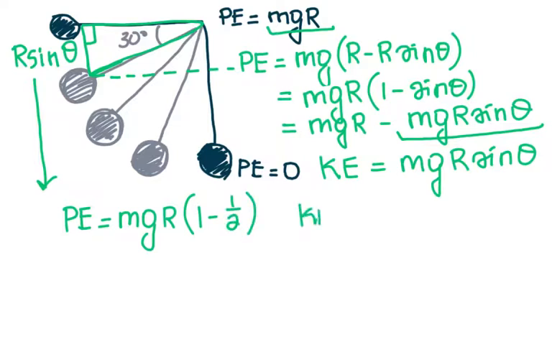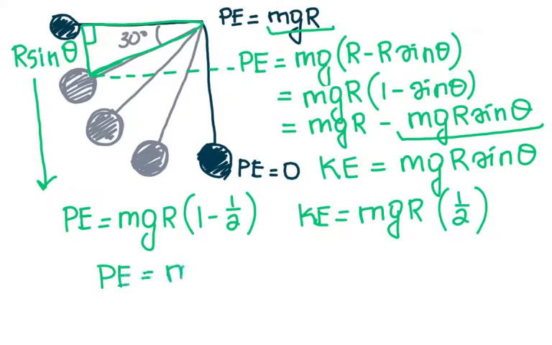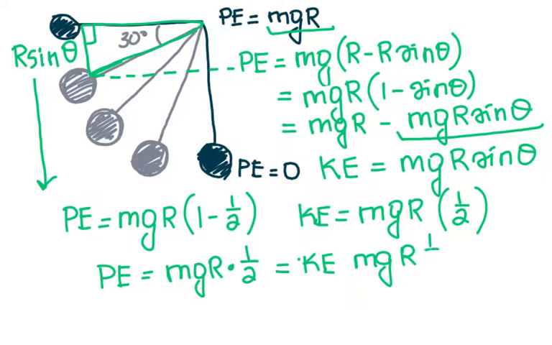And the kinetic energy is equal to mgr, and then I have sine of 30, which is 1/2. So potential energy at that point is equal to mgr times 1/2, and equals the kinetic energy at that point, mgr times 1/2.